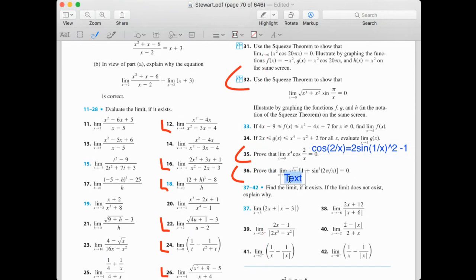The identity is saying the limit when x approaches 0. So I am left with the sine squared of 2 pi over x, and I have to deal with this when x approaches 0 from the right.